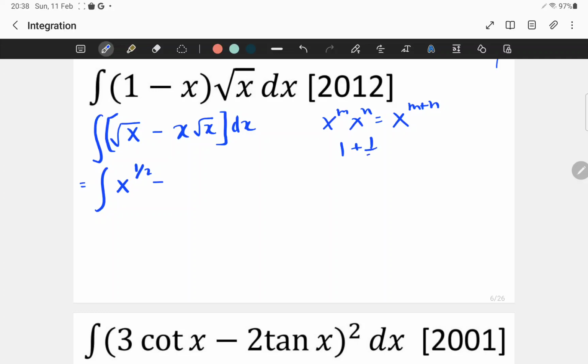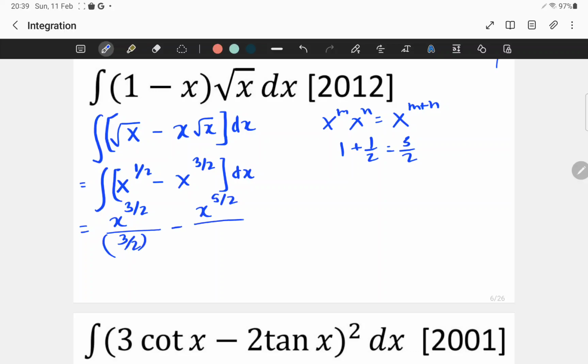So 1 plus half is 3 by 2. It gives us integration, plus c. So we did integration of x to the power n dx equals x to the power n plus 1 over n plus 1 plus c.